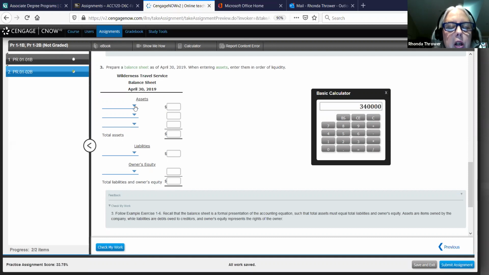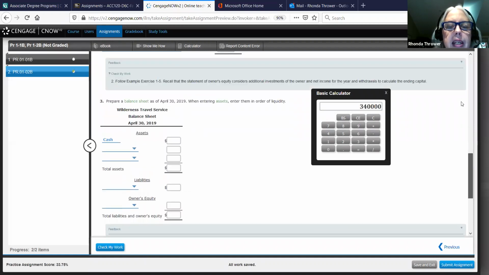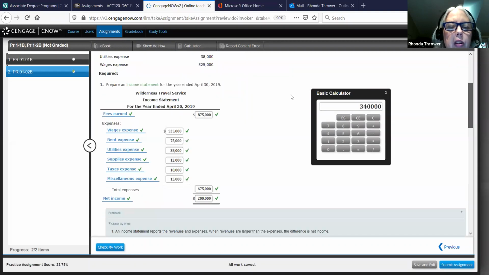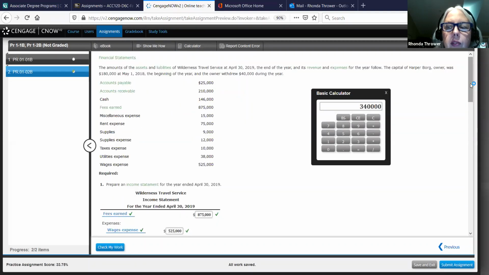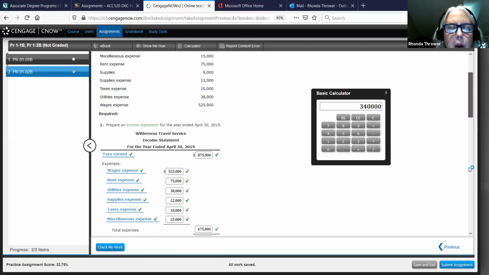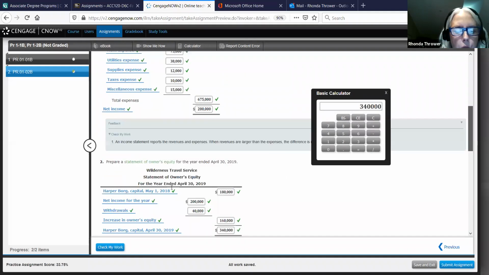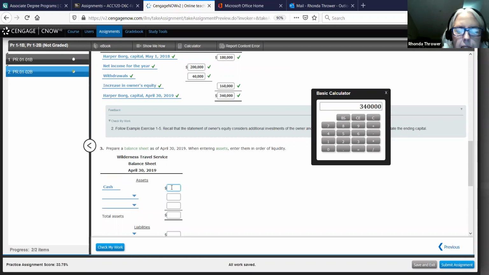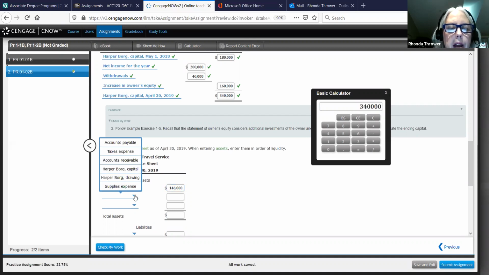List your assets first. Always your first asset is going to be cash. Put the ending balance in, which they have given you, 146,000. That comes from the summarized transactions for that period of time. That's the ending balance amount. That's the cash amount. Our other assets would be accounts receivable. Remember, all receivables are assets.